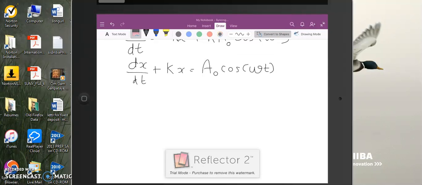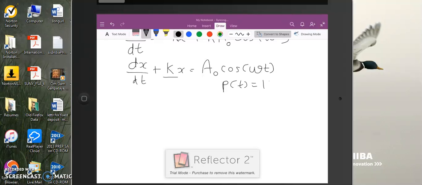Hence, this is in the form of a linear differential equation of dx over dt plus kx equals a naught cosine of omega t, which does not have an x term. We can solve the differential equation by finding p of t. The p of t term is the term that is multiplied to x, which is k.